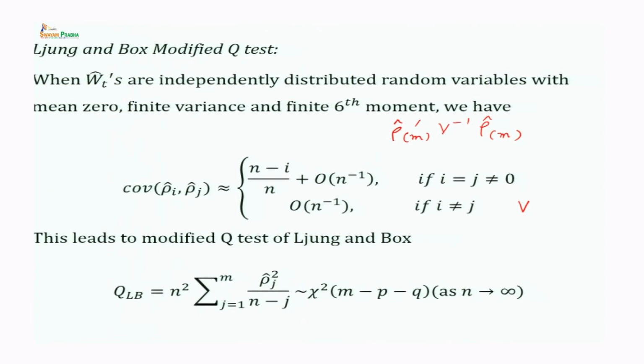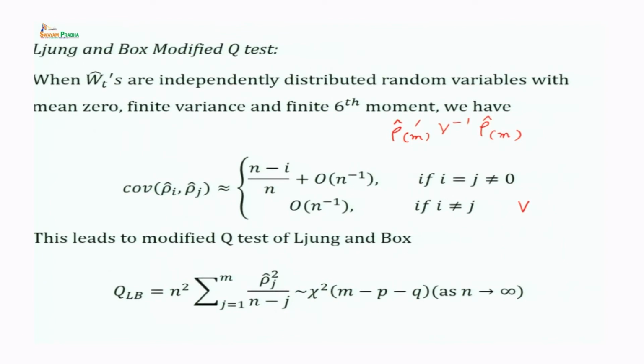So, ultimately you find this modified Ljung-Box statistic as n square summation j equal to 1 to m rho hat j square divided by n minus j.